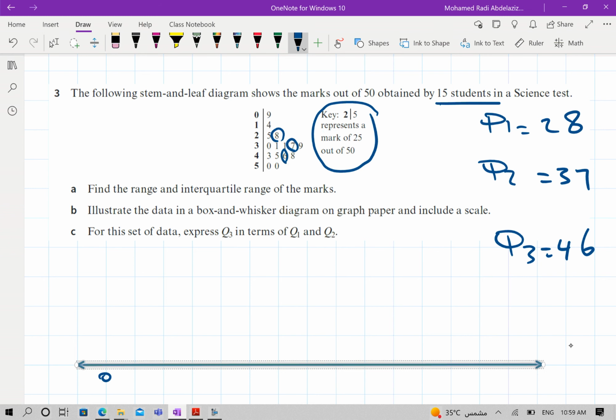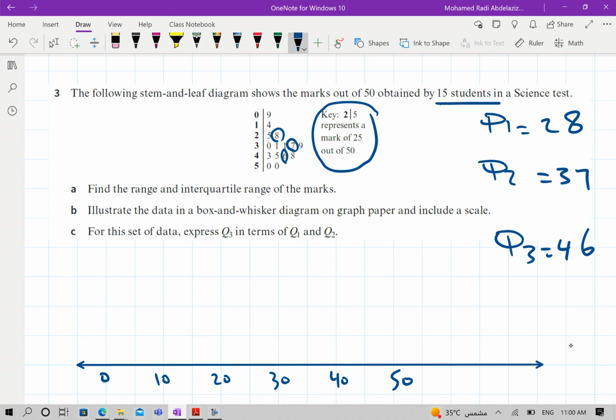So 0, 10, 20, 30, 40, 50. I need 5 values, but actually it's 6 values on the scale.